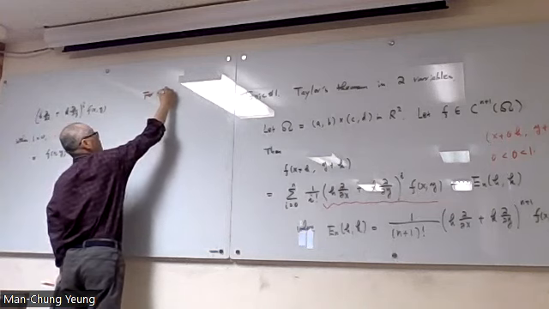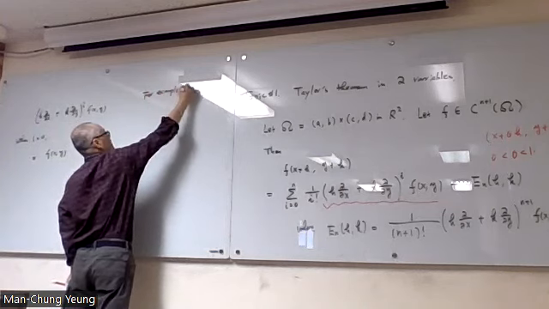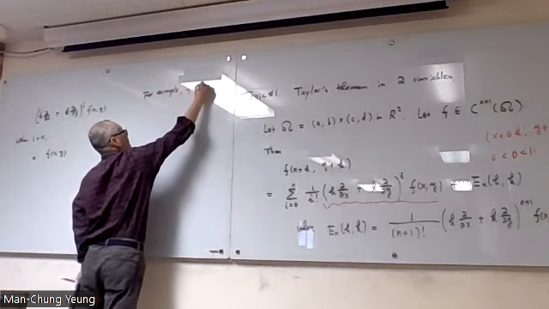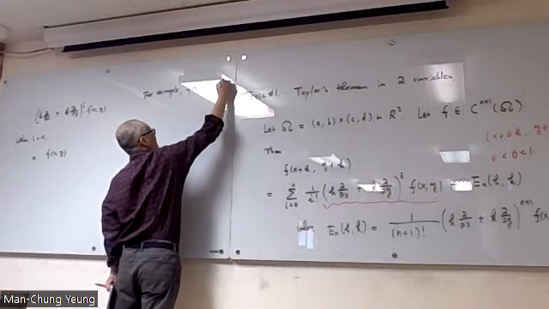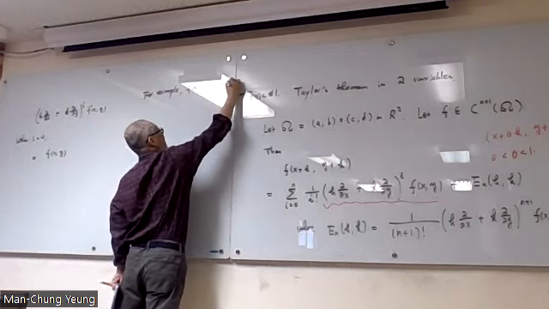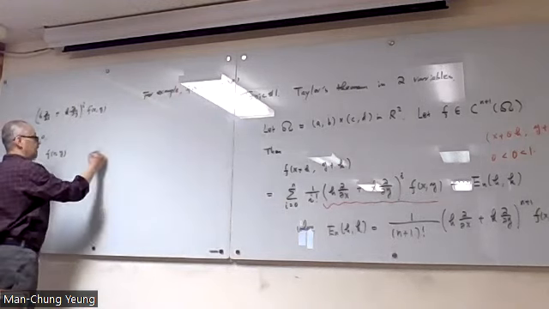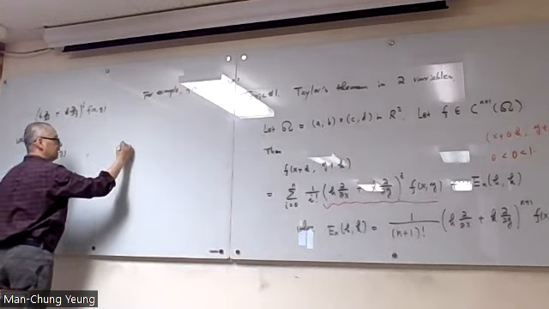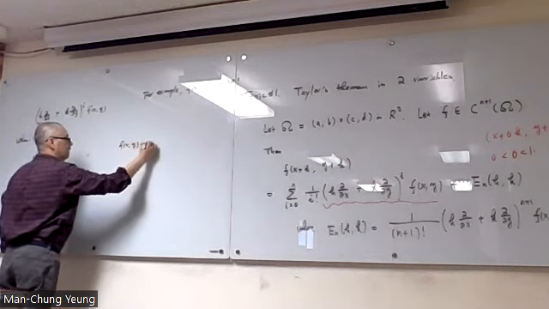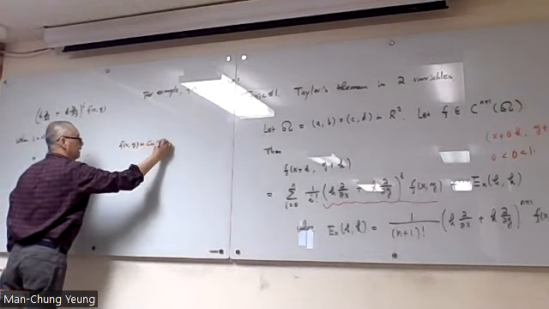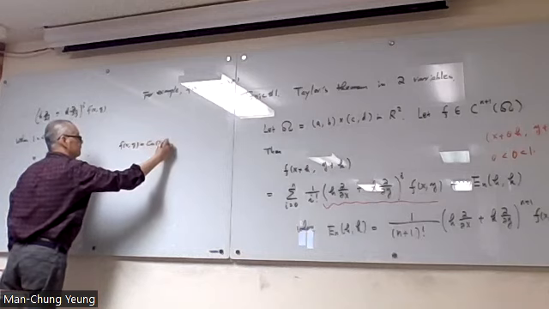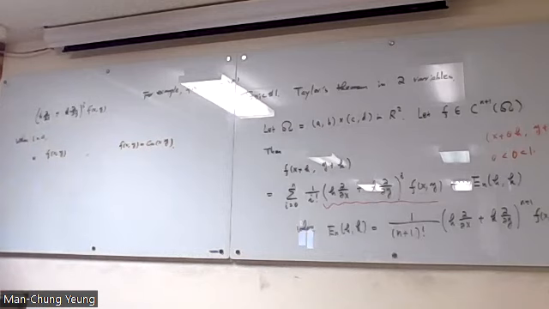For example, suppose function f is the cosine of x1. Then this is the cosine of x1.